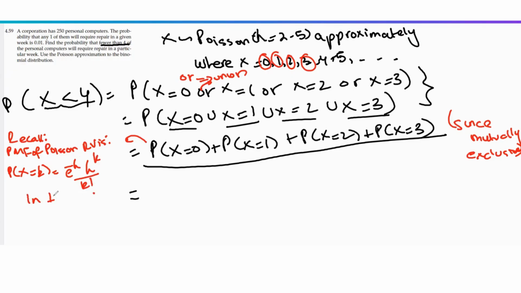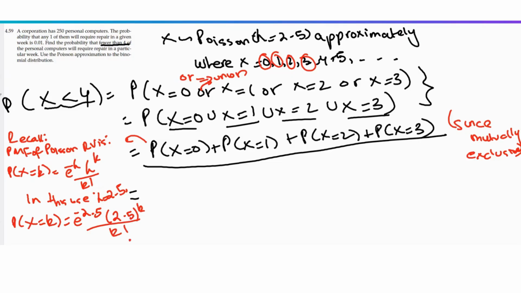So in this case, lambda is 2.5. That's why we have to find lambda, because it is the parameter for the Poisson random variable, and you need this parameter to answer any probability question regarding it. Once we plug in lambda's value, we can find the probability x is equal to any value k. So it's e to the minus 2.5, 2.5 to the power k, by k factorial.